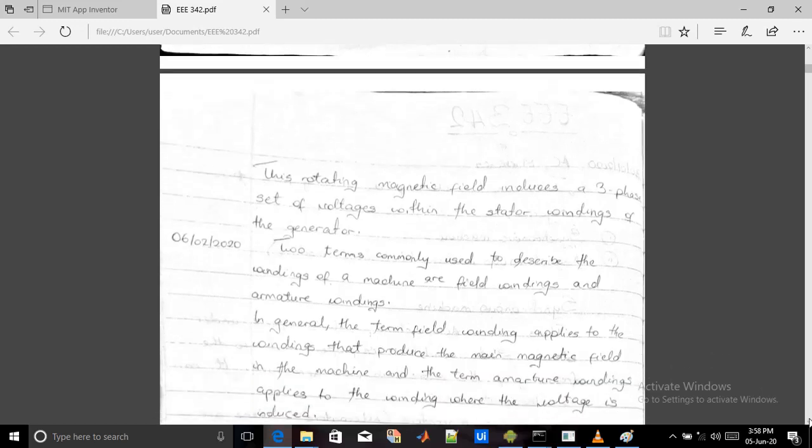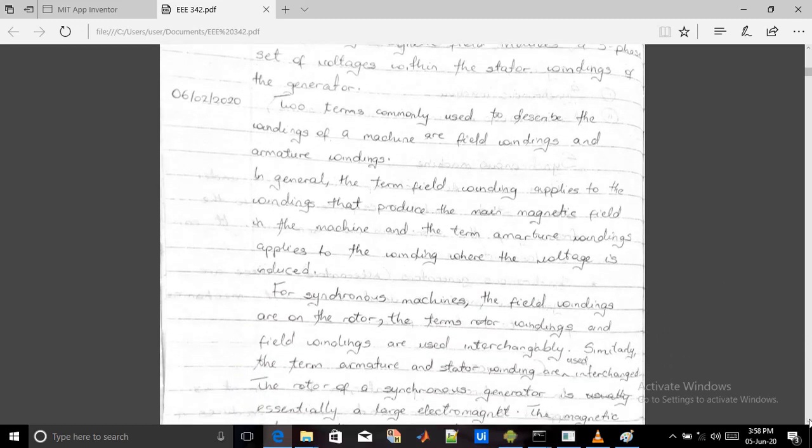Okay. Then now, two terms commonly used to describe the windings of a machine are field windings and armature windings. You already know that. Our field winding is the winding of the rotor, while our armature winding is the winding on the stator. So now it means the field winding is the winding to which the DC current is connected for the rotor to be able to rotate.